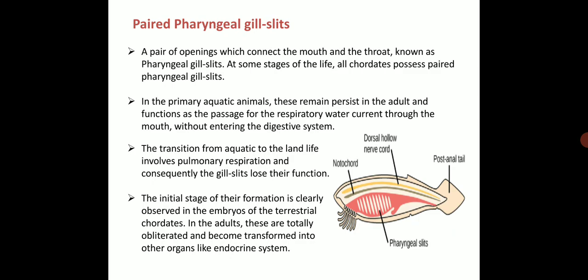The transition from aquatic to land life involves pulmonary respiration, and later the gill slits lose their function. The initial stage of their formation is clearly observed in the embryos of terrestrial chordates. In the adults, these are totally obliterated and transformed into other organs like the endocrine system. This is the third fundamental character, paired pharyngeal gill slits, present in the chordates.